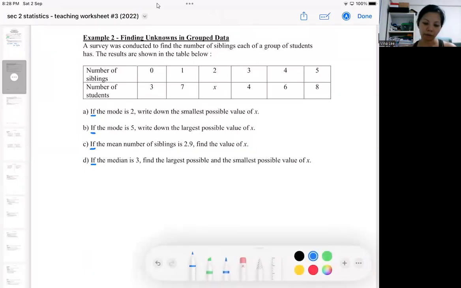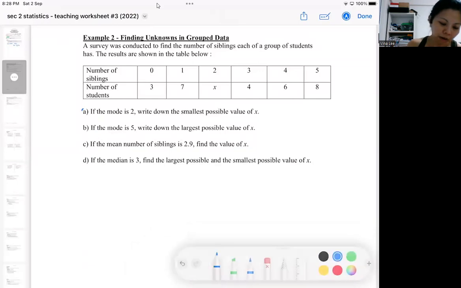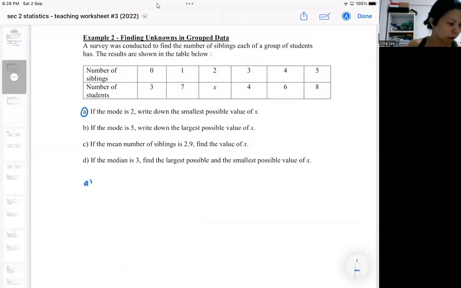So let's talk about the first part. The first part says that if the mode is 2, what is the smallest possible value of X? What is the meaning of mode is 2? When the mode is 2, that means this X is the highest frequency.